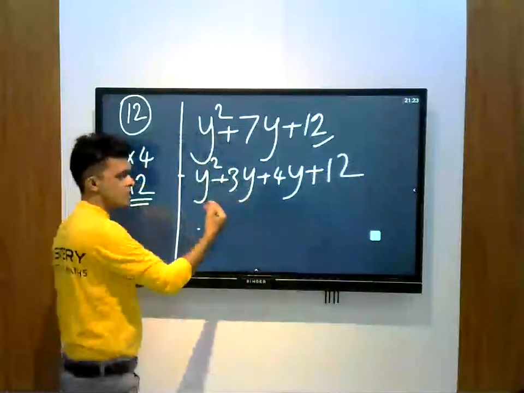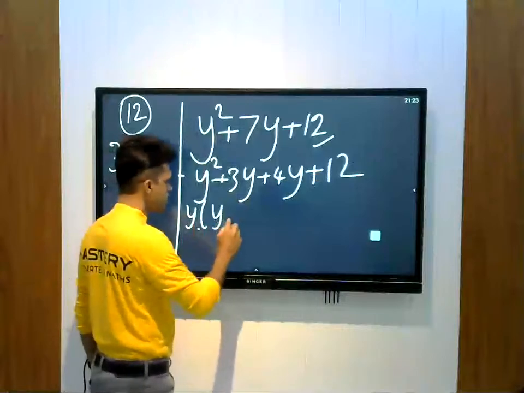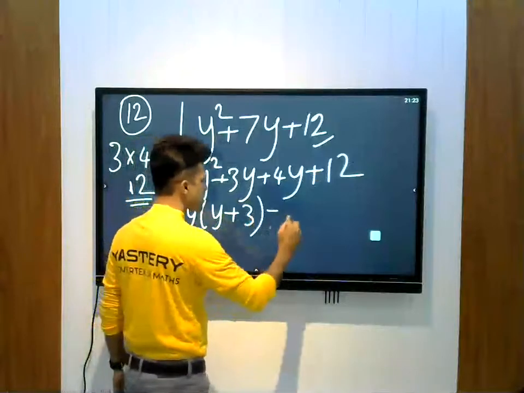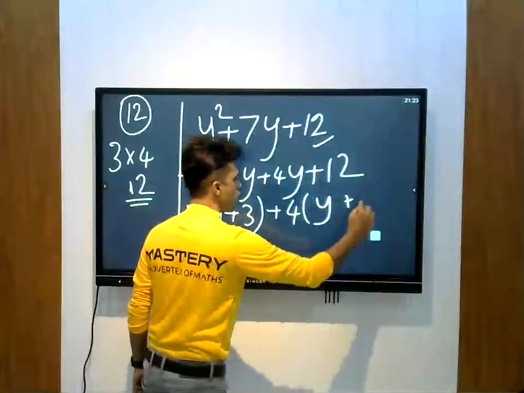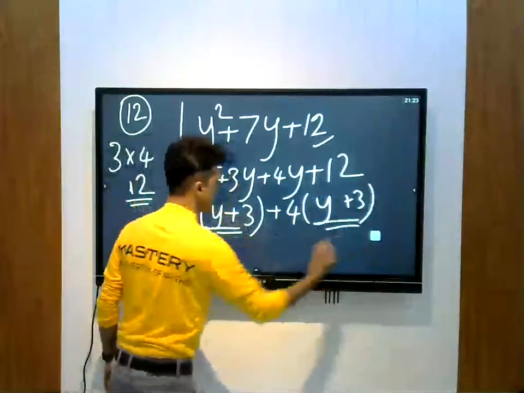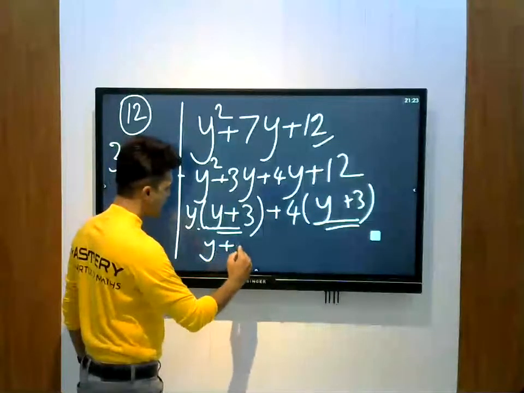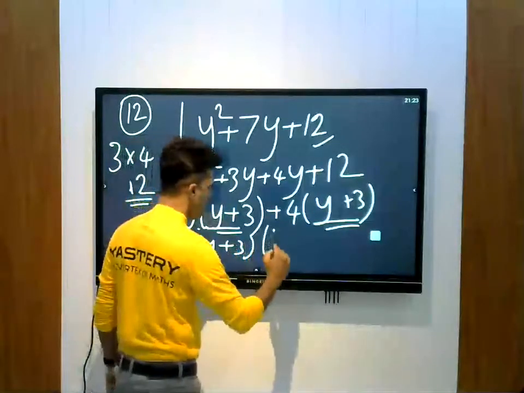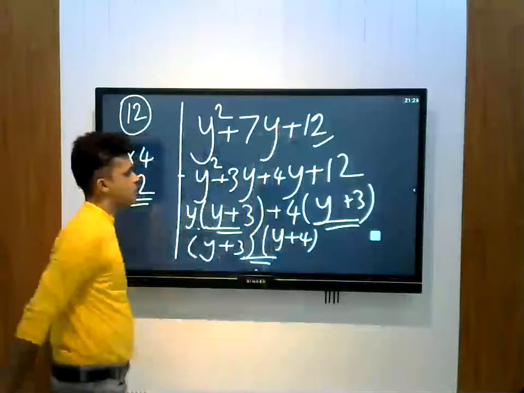Now you can take y as a common factor. So y into y plus 3, then here plus 4 into, plus into plus, 12 over 4 is 3. So these are the common expressions. So y plus 3 into y plus 4 are the factors of y squared plus 7y plus 12.